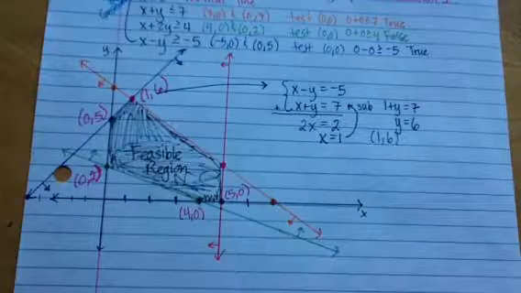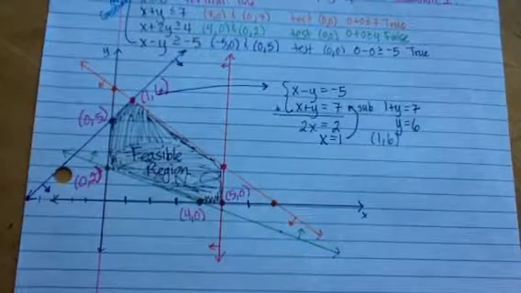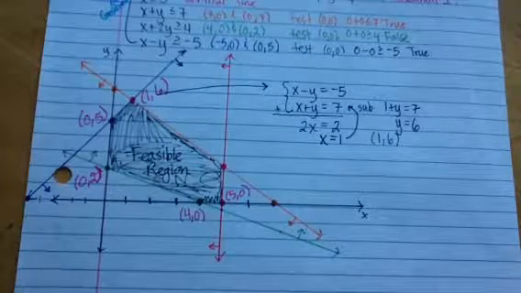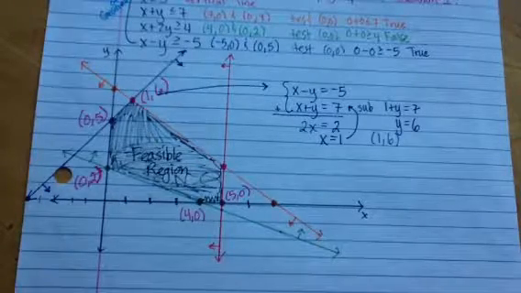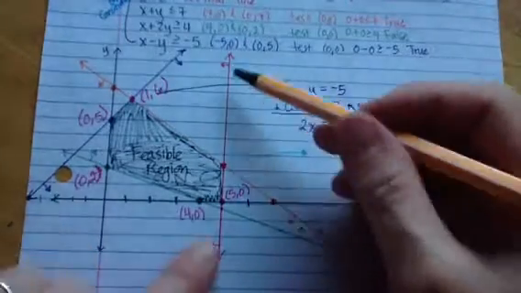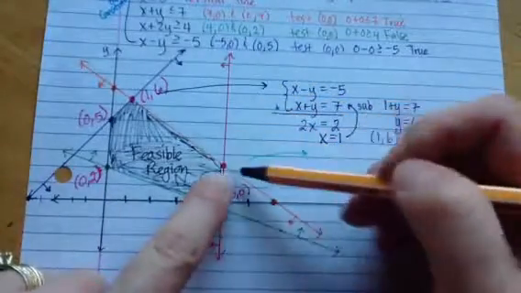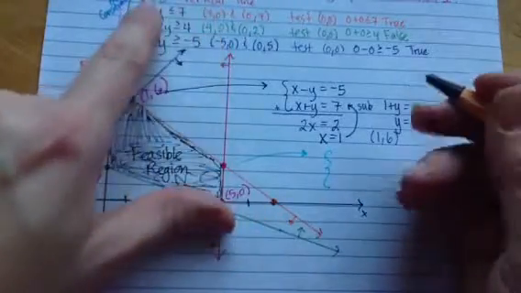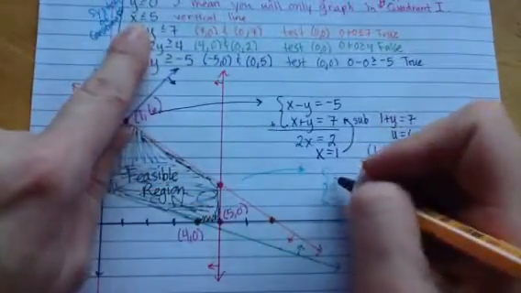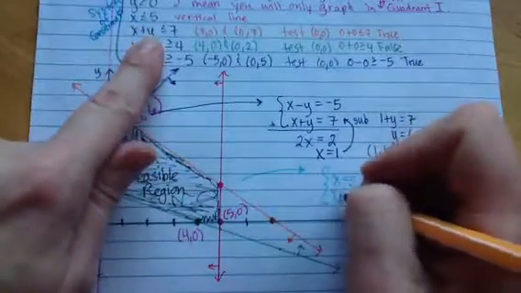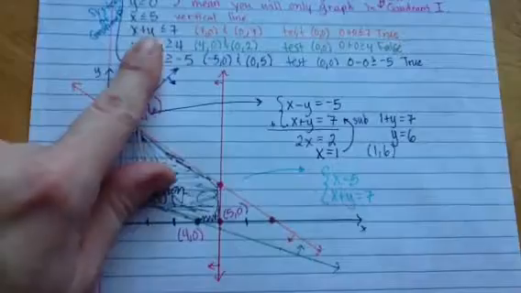And then I'm going to have to do a similar situation for the other intersection. And this one is the intersection of my red line and my orange line. So the red line was x equals 5, and the orange line was x plus y equals 7.